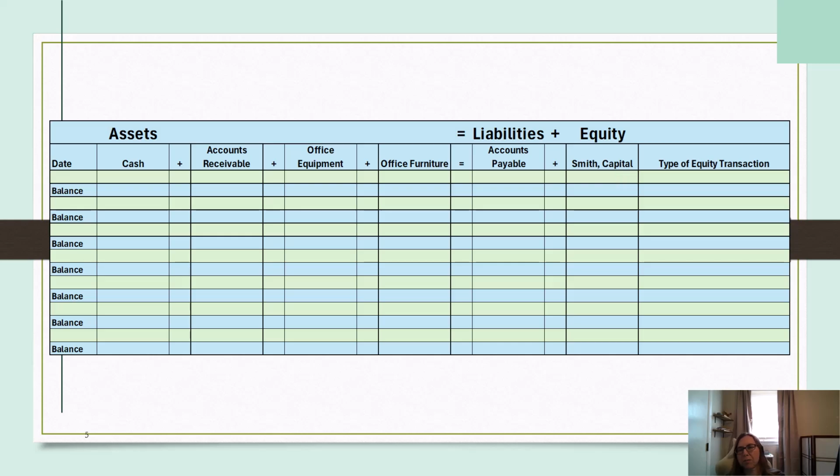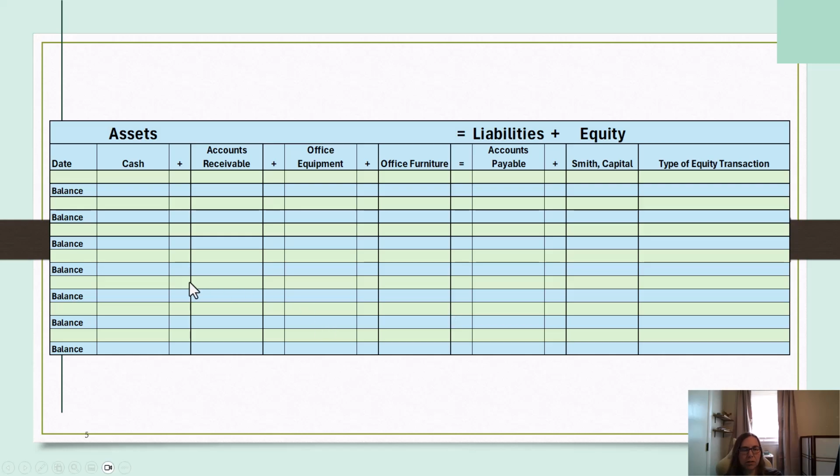And then because we're going to be putting different types of transactions, we're going to be using different types of categories in this capital column, because remember I said revenues and expenses do affect equity, but they technically are different types of categories. We have a column over here to note what type of transaction it is. Okay, so what I'm going to do is basically walk through some different transactions and show you how it would affect this equation.